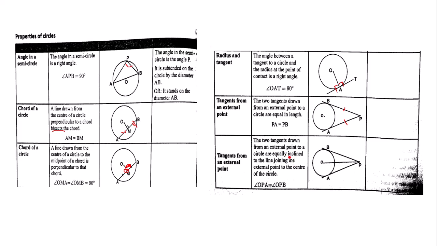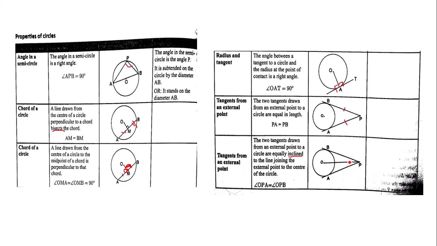Inclined talks about the formation of angles. OP kind of looks like a straight horizontal line. BP kind of forms an angle by sloping upwards, and PA is sloping downwards, so they form equal angles.